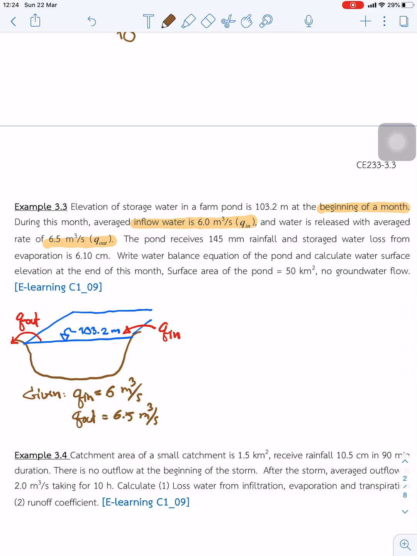And the pond receives 145 millimeters of rainfall. And the loss from evaporation is 6.1 centimeters. So this is the evaporation.